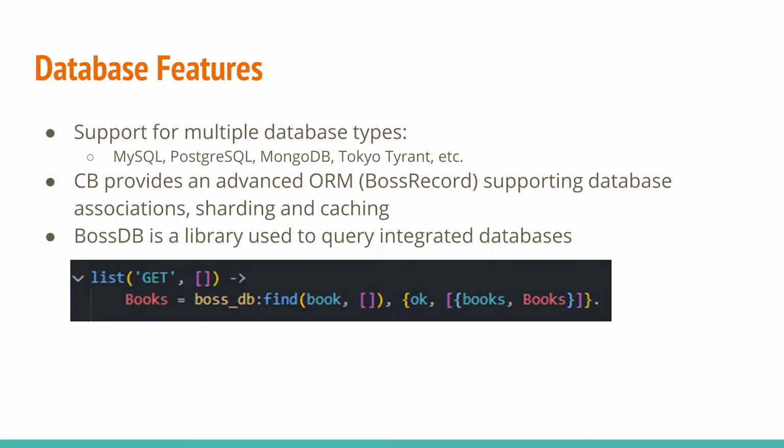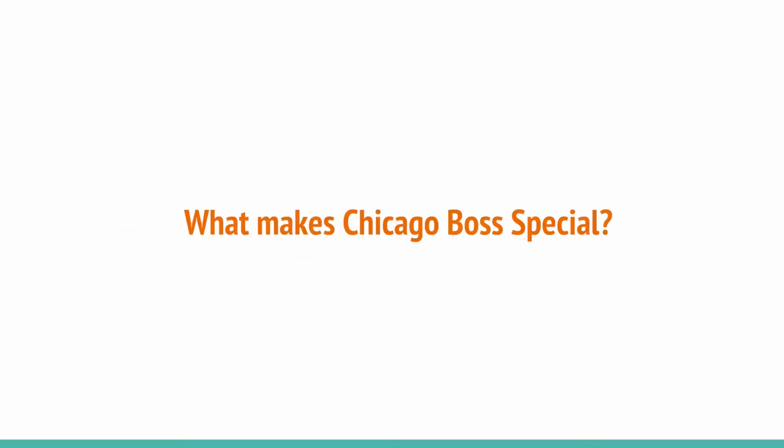Compatible with multiple database types such as MySQL, MongoDB, and Postgres, Chicago Boss's ORM, Boss Records, provides a high-level abstraction upon relational databases, allowing developers to write Chicago Boss applications without needing to worry about database language syntax. The use of Boss Record alongside Chicago Boss's built-in query library, BossDB, rapidly boosts web application development, especially during the beginning of projects.